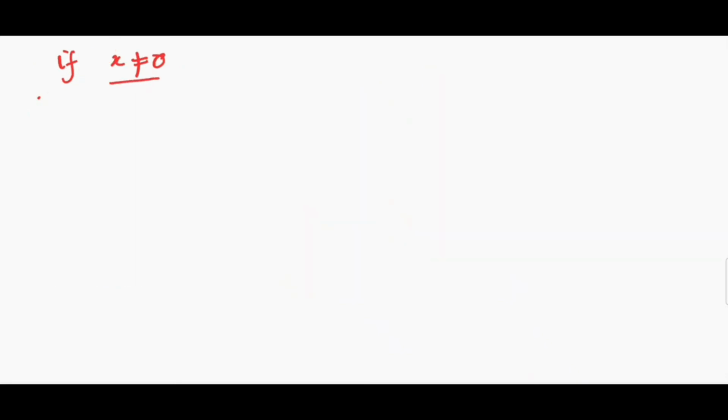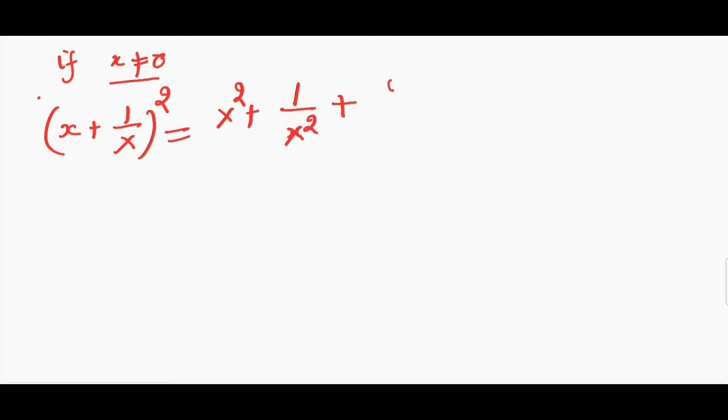If x is not equal to 0, then (x + 1/x)^2 = x^2 + 1/x^2 + 2. Here we are using which identity?